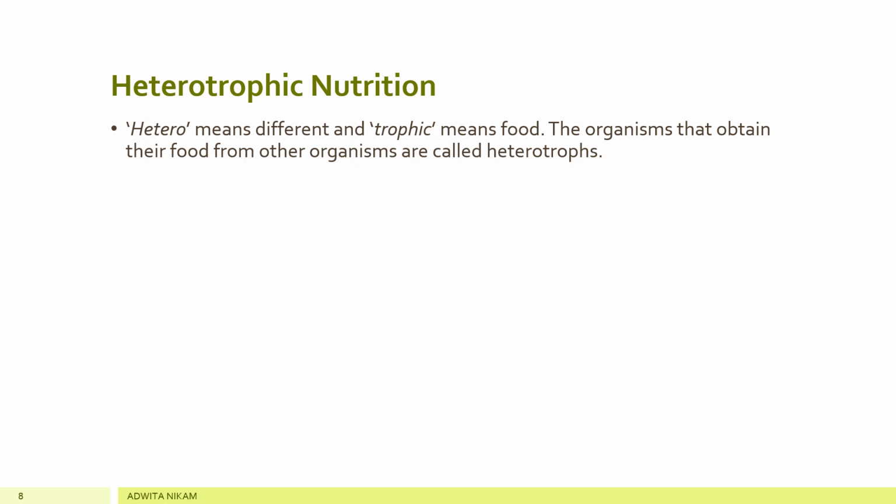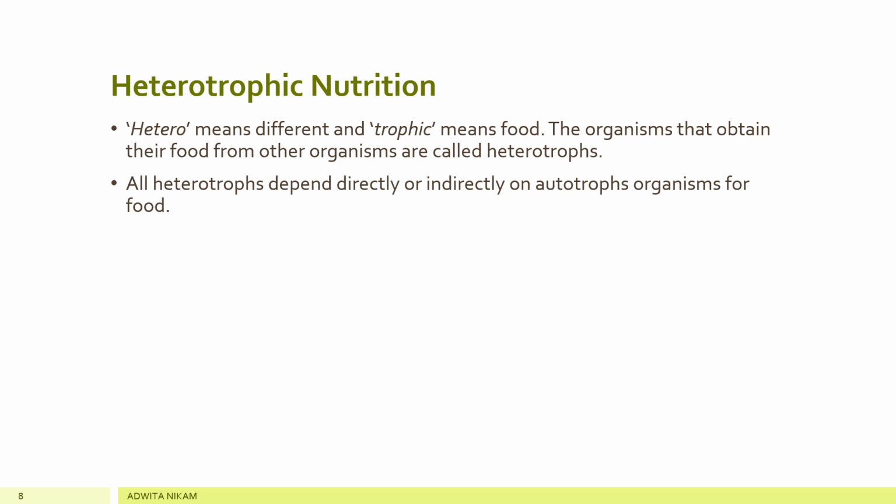And as I told you, this process is known as heterotrophic nutrition. Now here one thing I'd like to mention is all heterotrophs depend directly or indirectly on autotrophs for their food or for their survival.